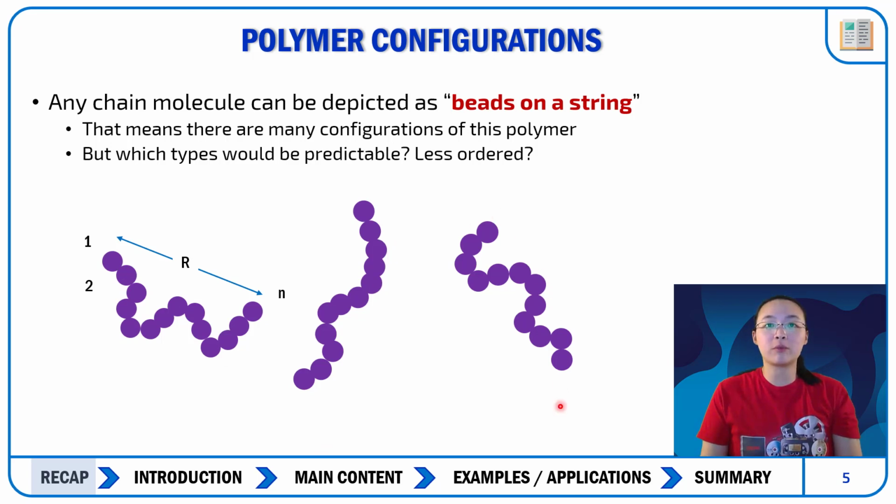So there's 3 different ways, but as you can imagine, if we're looking at this in 3D space, there are so many different configurations that you could use to represent this polymer. I would say there's pretty much countless ways to rearrange these 14 beads in 3D space, but there's something we haven't introduced yet to help narrow down our choice.